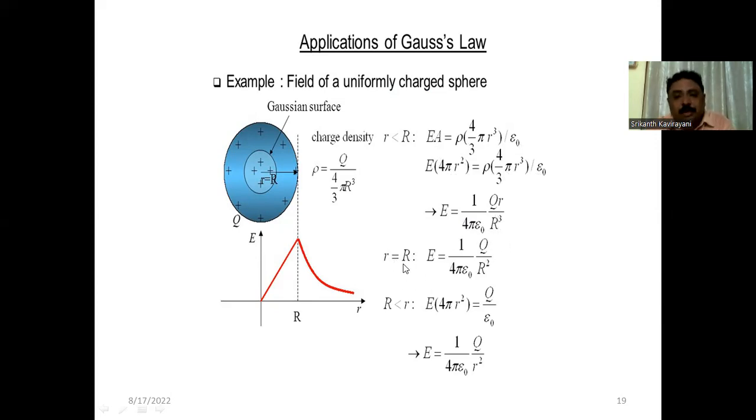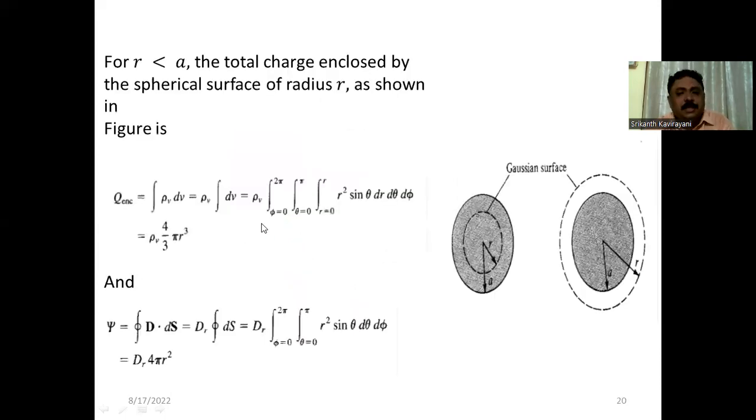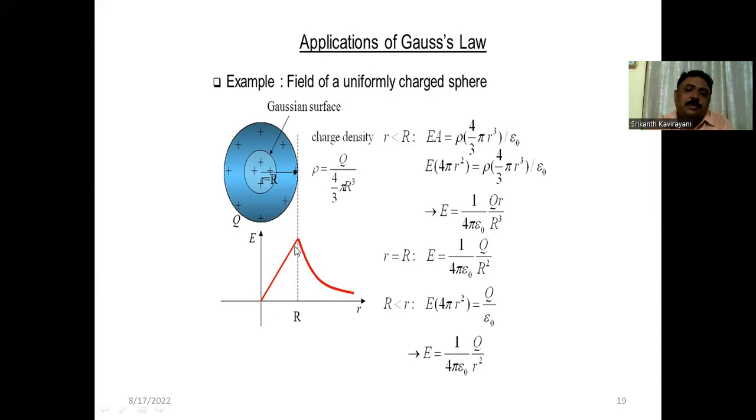For r equal to a, our E value would be 1 by 4 pi epsilon naught Q by r square, and for r greater than a, E into 4 pi r square would evaluate to Q by epsilon naught, or E equal to 1 by 4 pi epsilon naught Q by r square. If we try to understand it graphically, plotting the electric field against the radius, we end up seeing that this would be a straight line up to r equal to a, and for r greater than a, it would be dropping down.